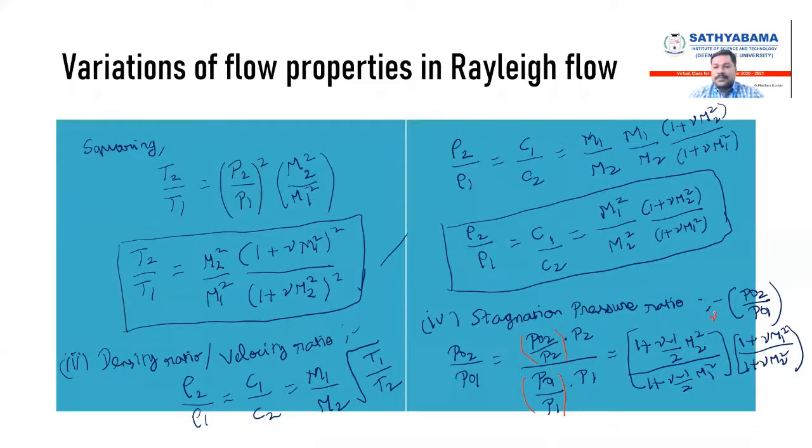So you have to introduce this gamma by gamma minus 1 factor. I had missed it, so please follow this. This is the correct equation of the P02 by P01 relation.